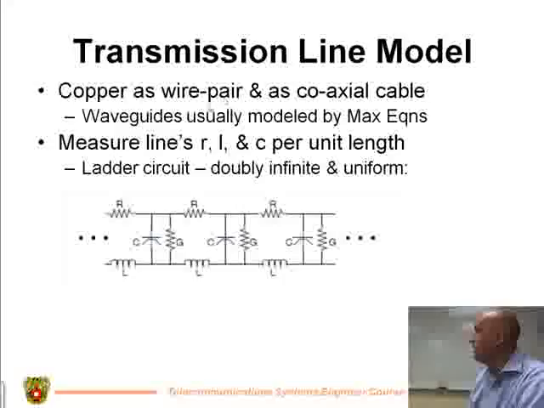But for copper wire and coax, we're going to use the transmission line model. We can model the transmission line as a ladder circuit, in which you notice we've got the R and L in series and a C in parallel.